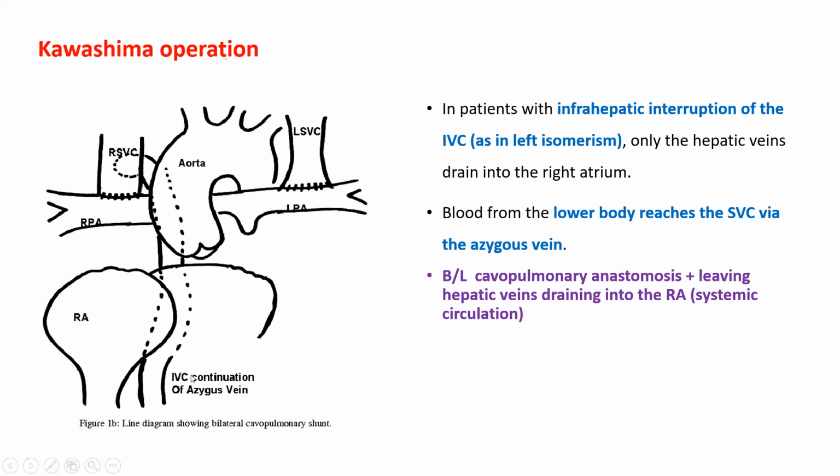So in interrupted IVC, the azygous vein drains into the SVC and the hepatic vein directly drains into the RA. We leave behind the hepatic vein which drains into the RA. We do just a bidirectional cavopulmonary anastomosis. If RSVC and LSVC are there, we attach each side. So this is the Kawashima operation.